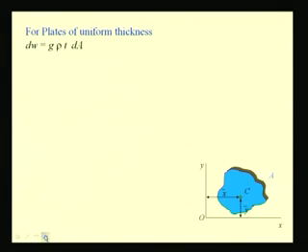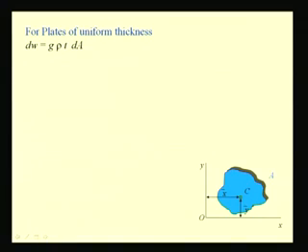Let us discuss and extend these derived quantities for thin plates. For thin plates, the thickness can be assumed to be uniform and equal to T. So, the differential element dV is equal to T times the differential element dA.